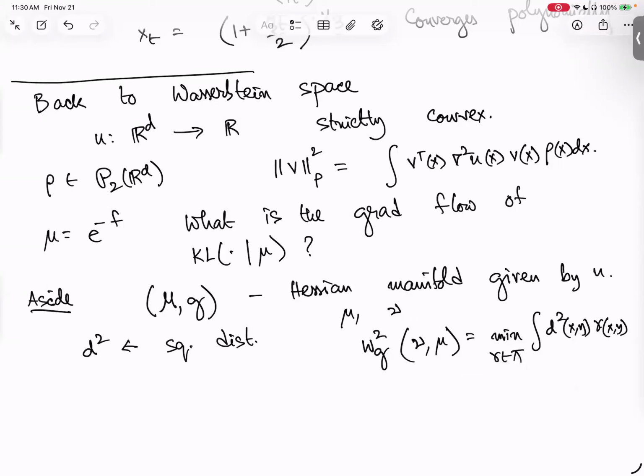That gives me a certain Wasserstein square distance over probability measures on the Hessian manifold. Everything else remains the same. And now with respect to this Wasserstein square, I can ask, what is the gradient flow? That basically boils down to this. By changing the underlying space, you change the norm of the tangent space by looking into this V transpose Hessian of U, V of x, rho x dx, and you ask what is the gradient flow of Kullback-Leibler. Okay, this is my new Wasserstein space.